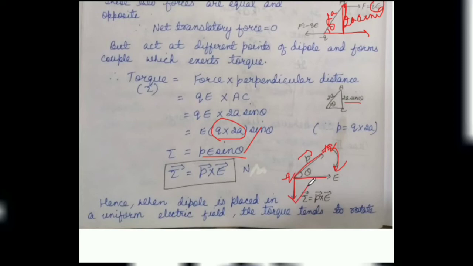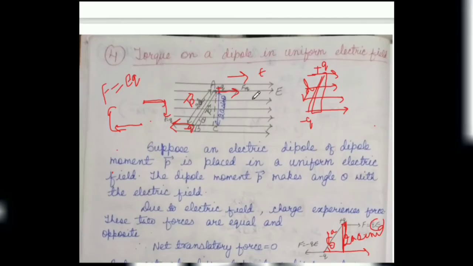This is the direction of torque. So when any dipole is placed in a uniform electric field, then that electric field exerts some torque on the dipole, and this torque tends to rotate the dipole in the direction of field. Torque tries to orient this dipole in the direction of this field.